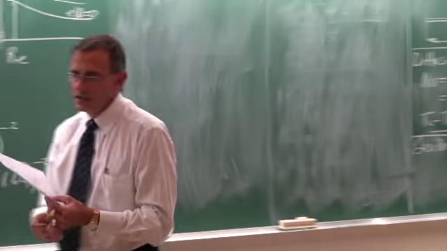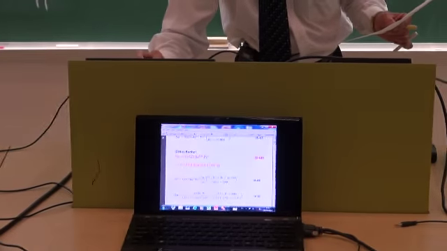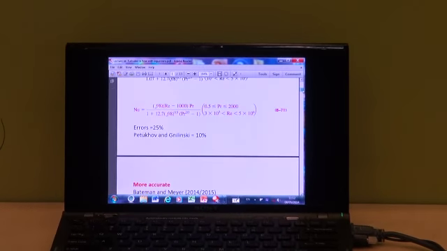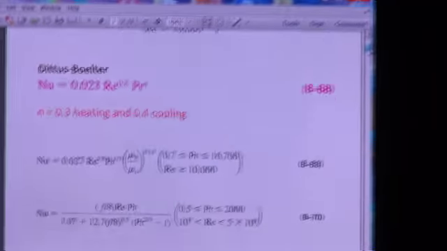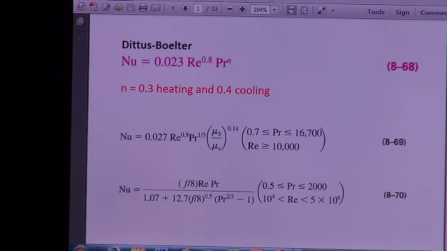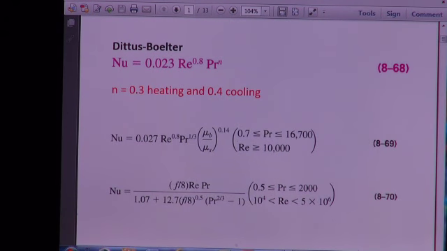Okay, now the Sieder and Tate equation, let's look at that one quickly, Aaron. That one there, equation 869. Okay, Sieder and Tate, equation 869.